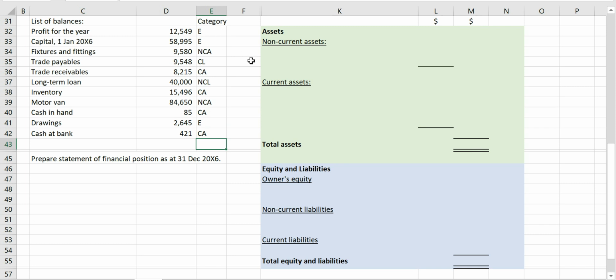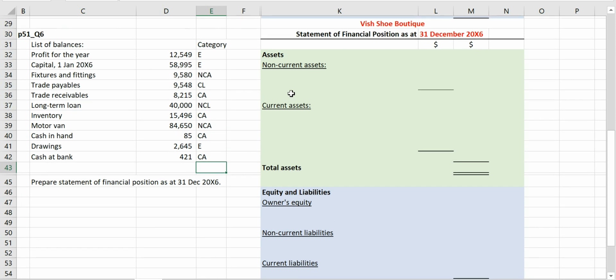Now what you need to do next is very simply to put each of these items in the right category on the statement of financial position. So we look at the statement; the first thing we list is always the assets. So we have the title of assets, then 2 categories. The first category we must name non-current assets. Now in this question, there are 2 non-current assets. So we're going to put these 2 figures in there.